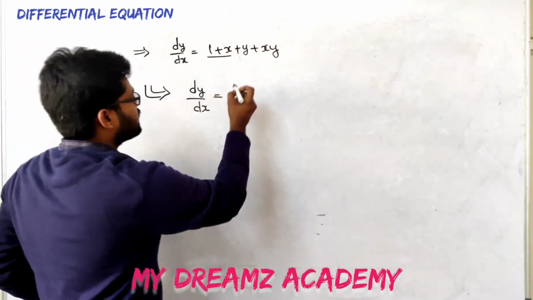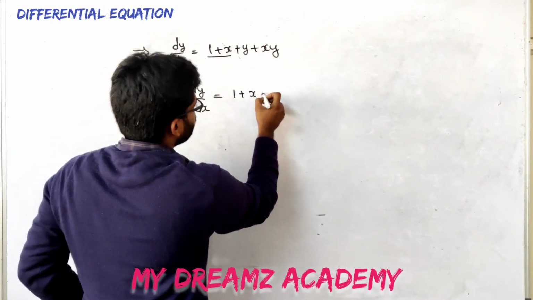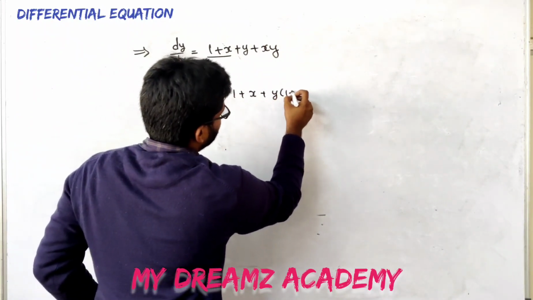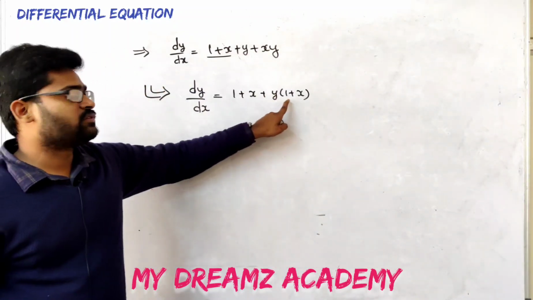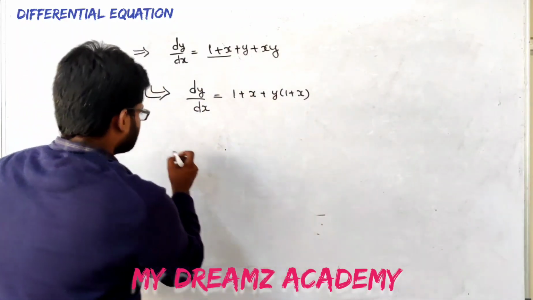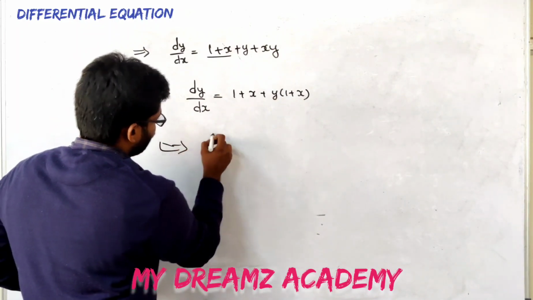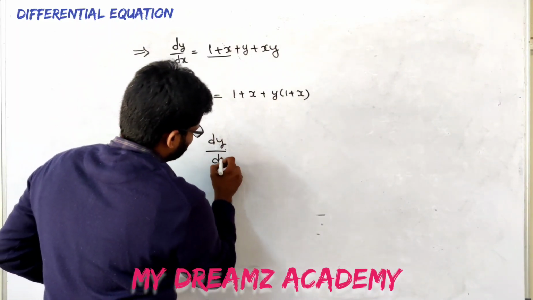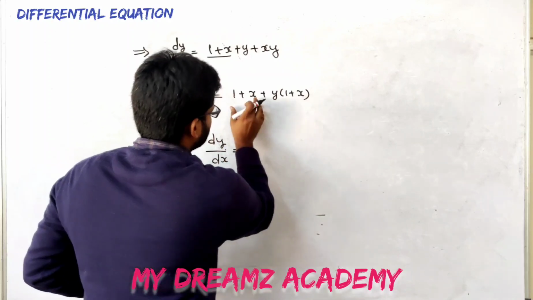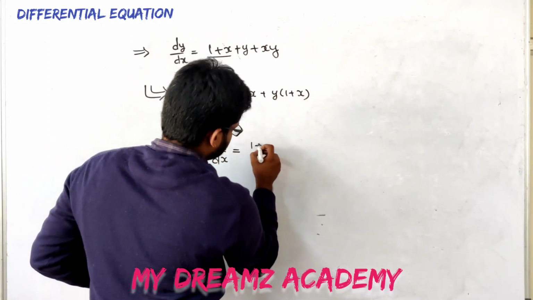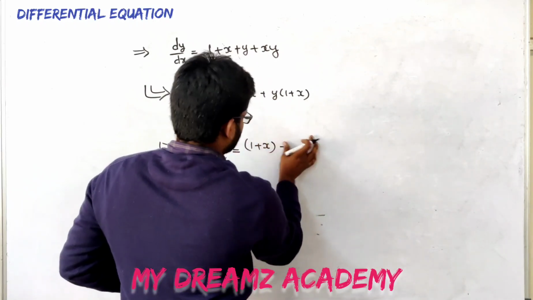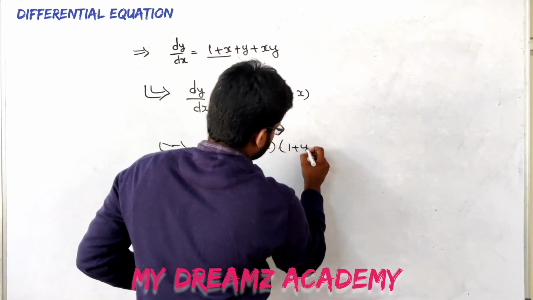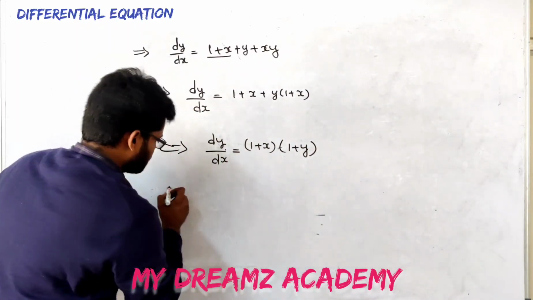Then take 1 plus x common: dy by dx is equal to (1 plus x)(1 plus y).